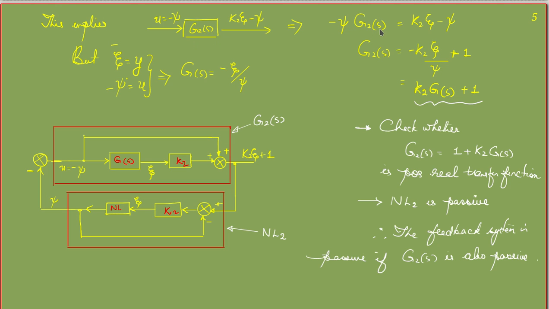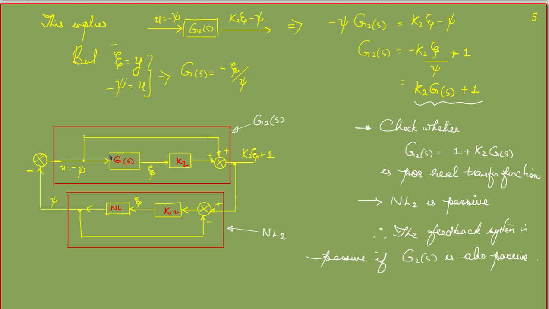G2 minus I into G2 of S is equal to k2 into xi minus I. So what should be G2 of S? G2 of S is equal to k2 into xi by zeta minus xi by zeta plus 1. So divide it by minus xi. So I will get it as k2 into G of S plus 1. It is minus zeta by psi is G of S plus 1.